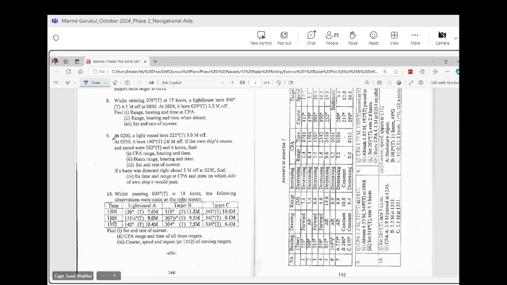Yes, sir. 9, fourth part, sir. Fourth. 0200 light vessel bore so much. 0230 bore this much. On ship's course and speed is so and so. Find the CPA range, beam range, set and rate of the current. A buoy was detected right ahead 3 miles off at 2:30. Its time and range at CPA and state on which side of own ship it would pass.